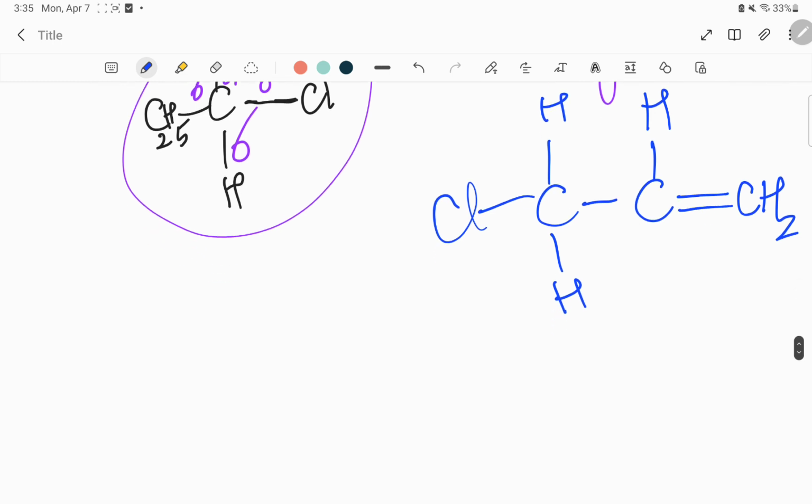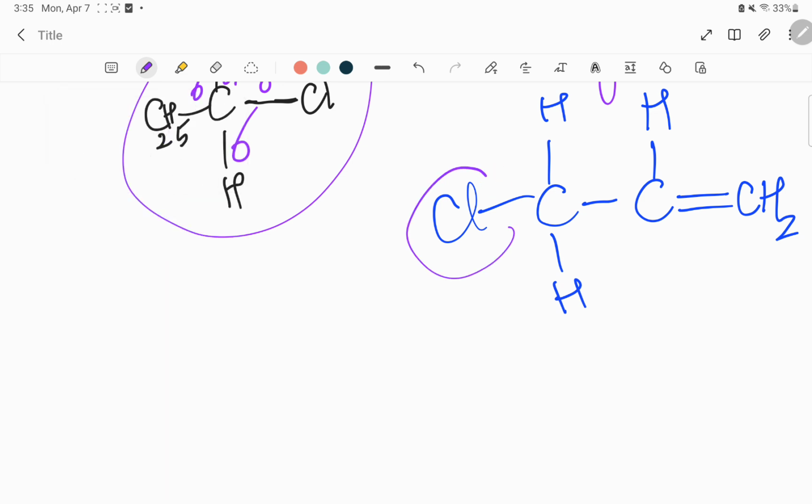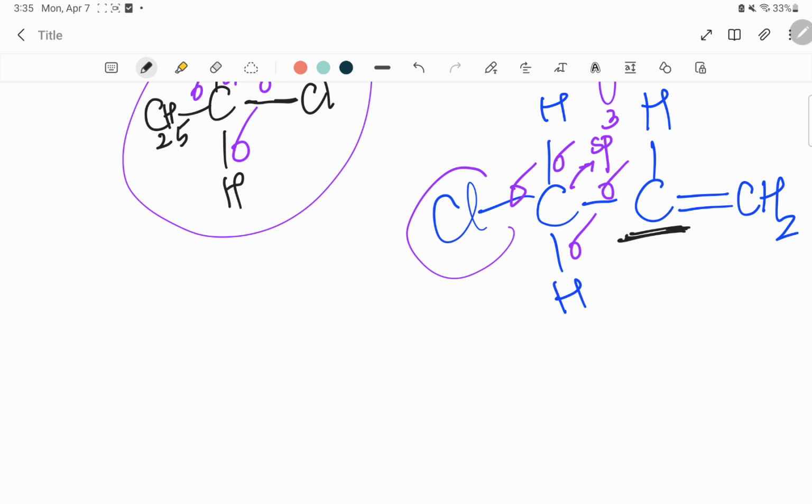Here there is a halogen attached to a carbon atom, and this carbon has 4 sigma bonds around it, so it is under sp3 hybridization. But if you look at the carbon next to it, this carbon has only 3 sigma bonds because it is having a double bond.